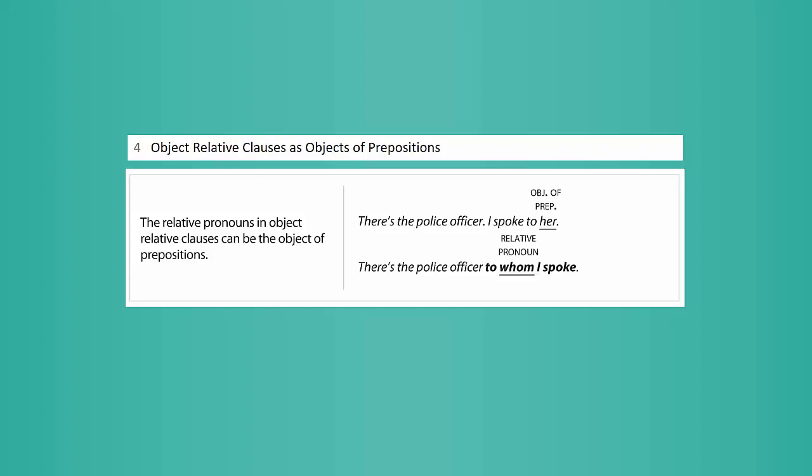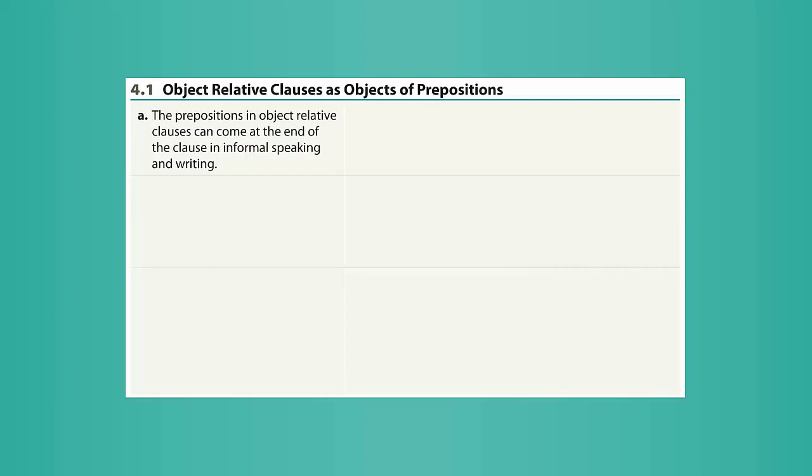Or we can say it another way, like: there's the police officer who I spoke to. Remember that the prepositions in object relative clauses can come at the end of the clause in informal speaking and writing. For example, we can say: the police examined the chair that I was sitting on.